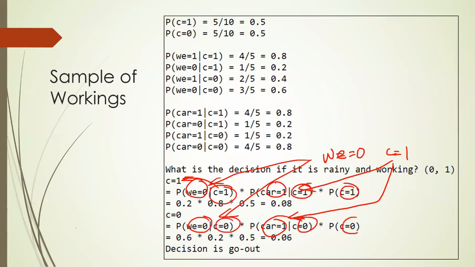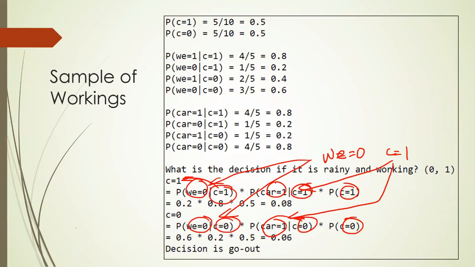For C0, we need to calculate weather 0 given C0, 0.6, and then car 1 given C0, which is 0.2, and then C equal to 0, this one is 0.5. Then you calculate all together, then you compare.